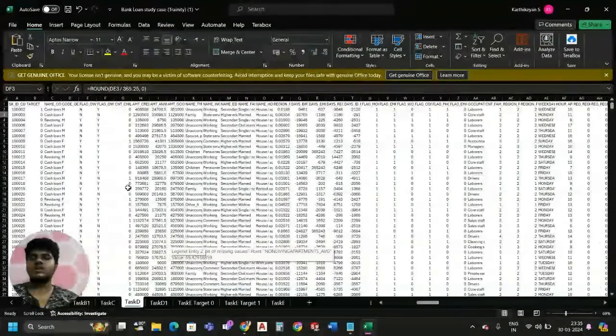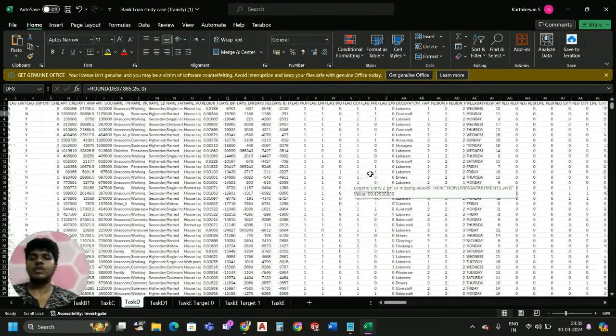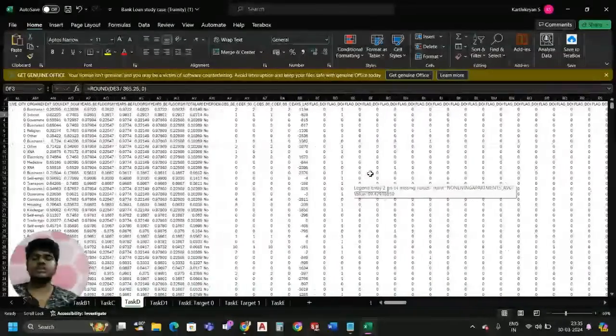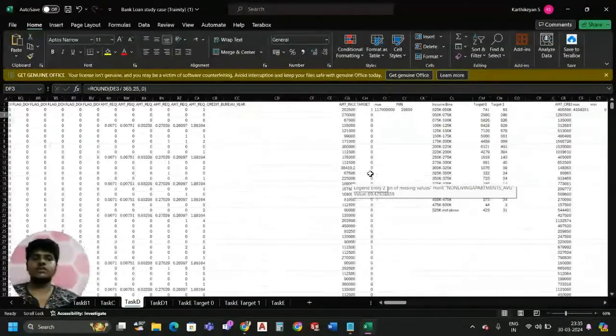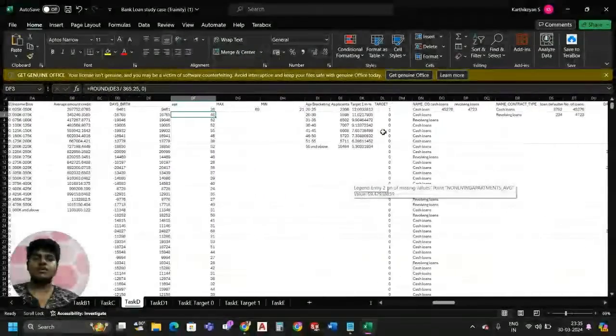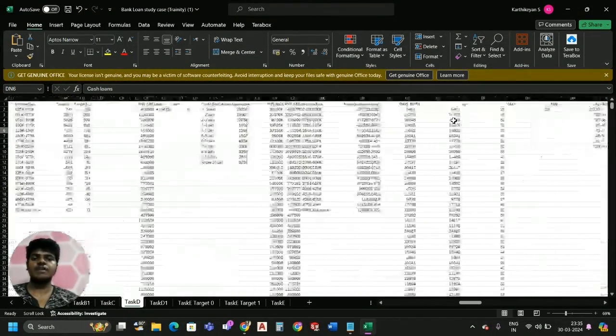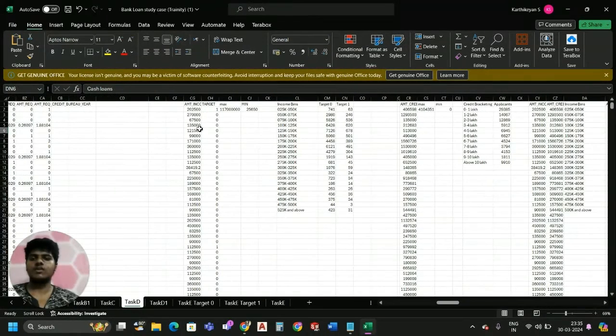So this is the dataset we have got after removing the missing values and removing the outliers. Here I have performed many formulas for creating a pivot table. For example, here you can see I have used the amount income column and target column.